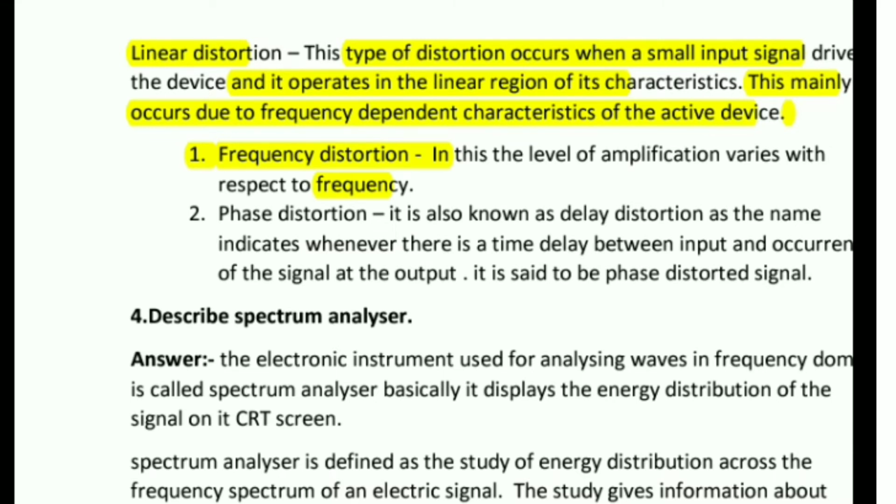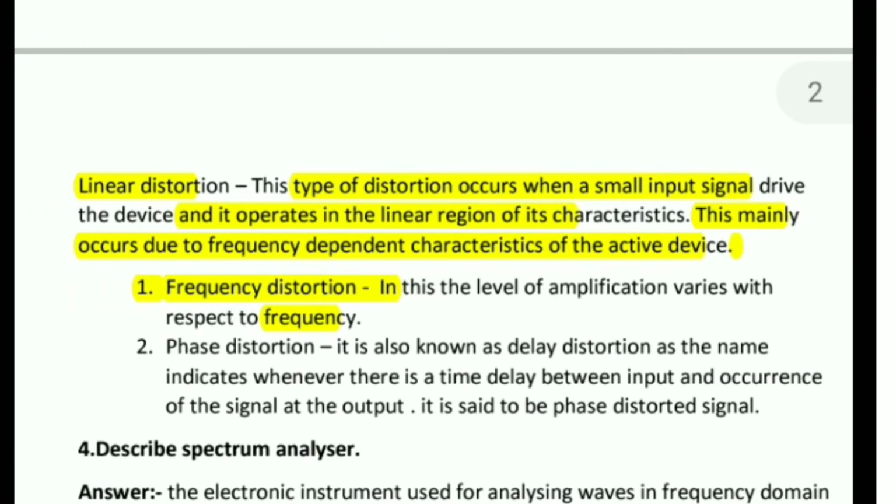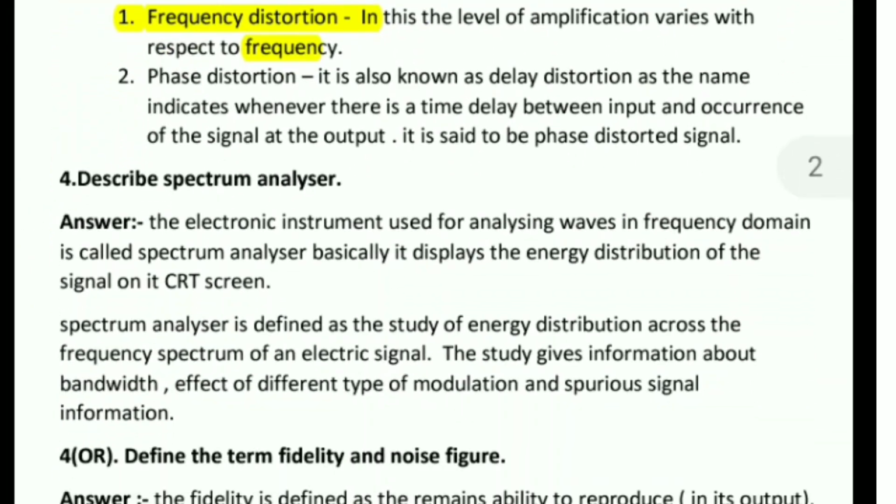Phase distortion is also known as delay distortion. As the name indicates, whenever a time delay occurs between input and output, it is said to be a phase distorted signal.